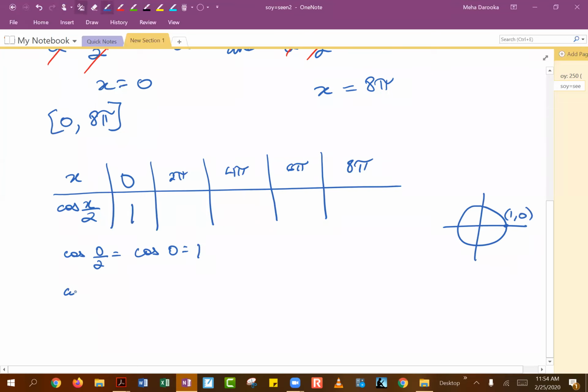If I use cosine of 2 pi over 2, that becomes cosine of pi. And what's the ordered pair at cosine of pi? -1, 0. Yeah, because pi is at 180, right? So -1 is the value here.